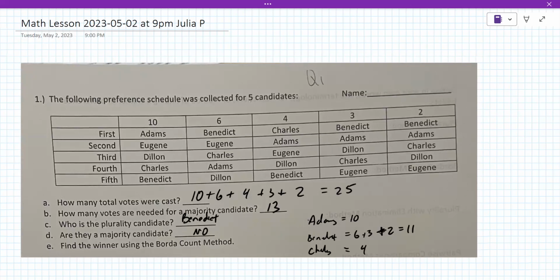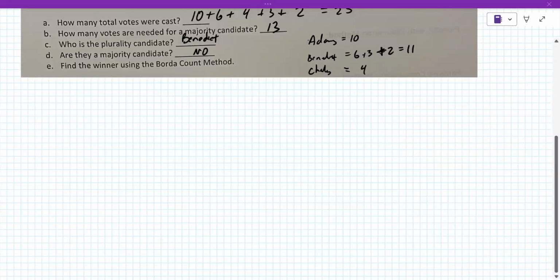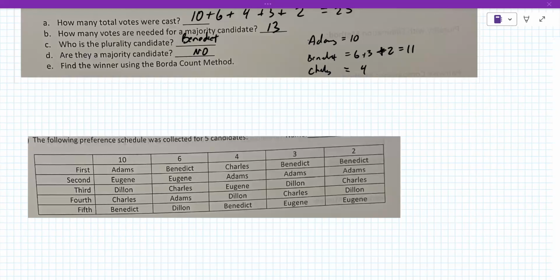Okay. Next, we can do the Borda count method, which is a little bit easier to explain, and this one does come up quite a bit. All right, so I'm just going to snip that table in one more time. For the Borda count method, you have to label the columns here.